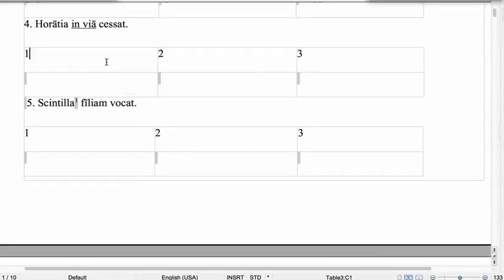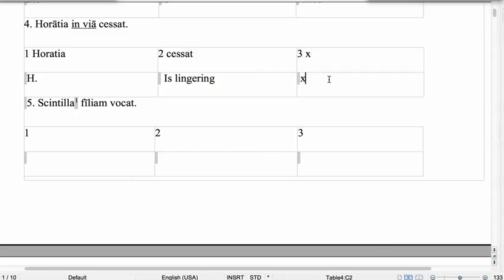Okay. Next one, number 4, Horatia is the subject, so there's a change in subject. Horatia. What she is doing is cessat, lingering. And that's all.